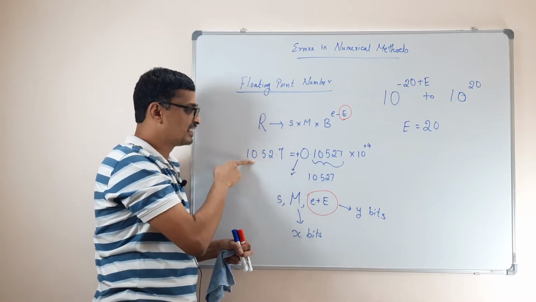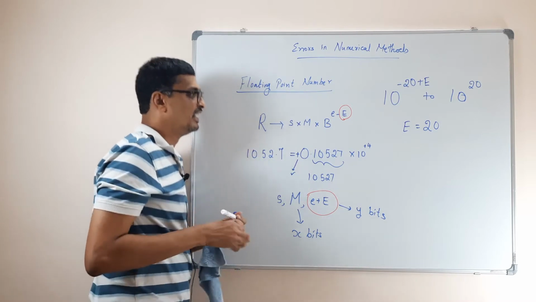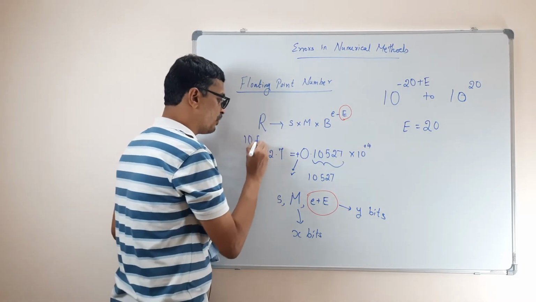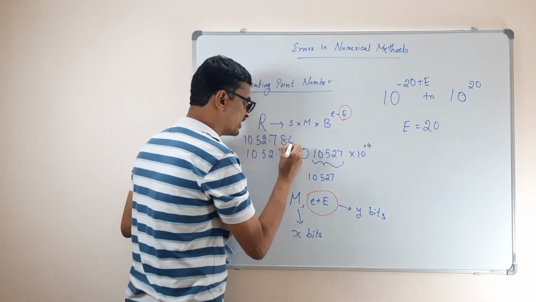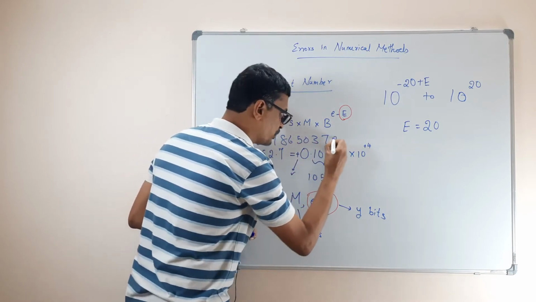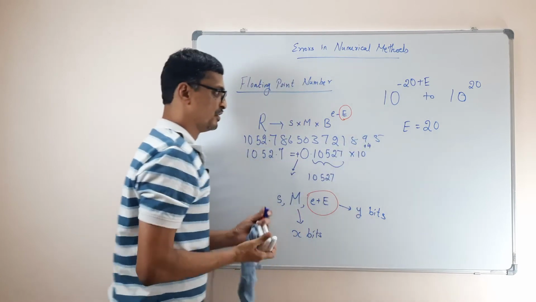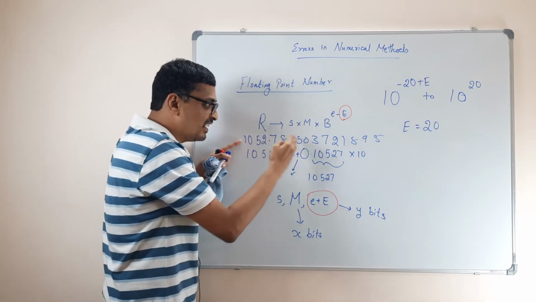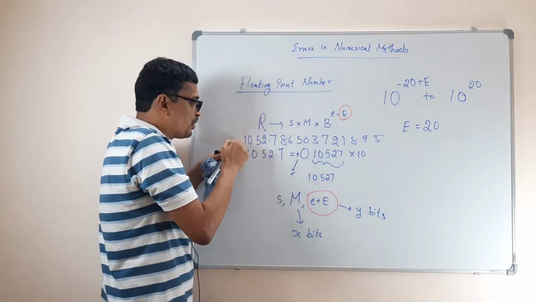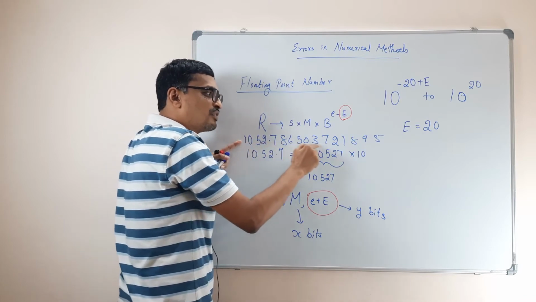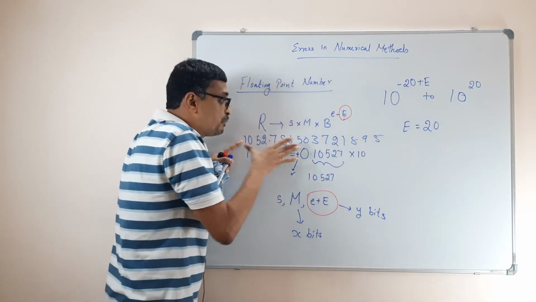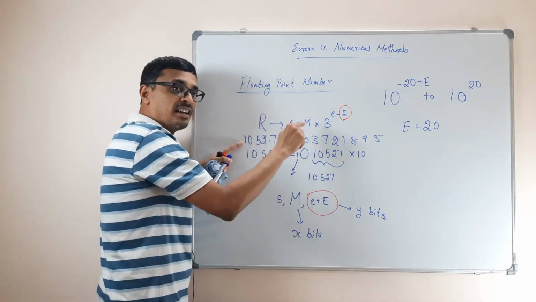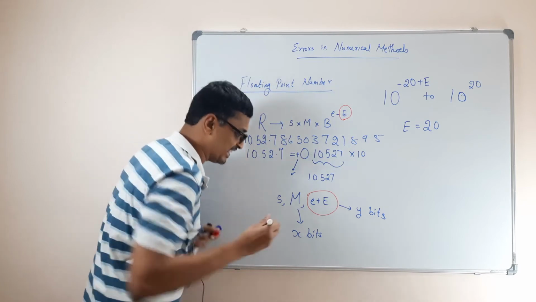For example, instead of 1052.7, I had a number of, say, 1052.7865037218995. If this is my actual number, up to what digits I can store it, as 0.10527865037218995, that accuracy is decided by the mantissa.